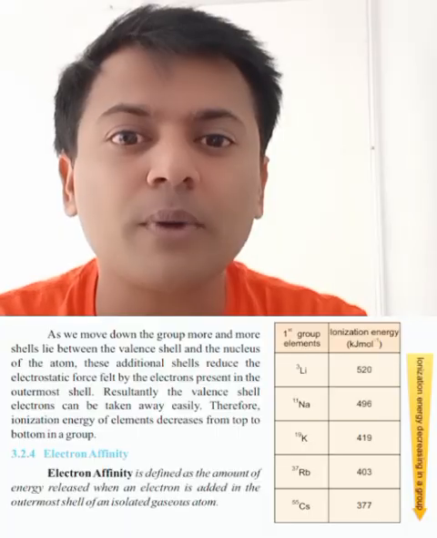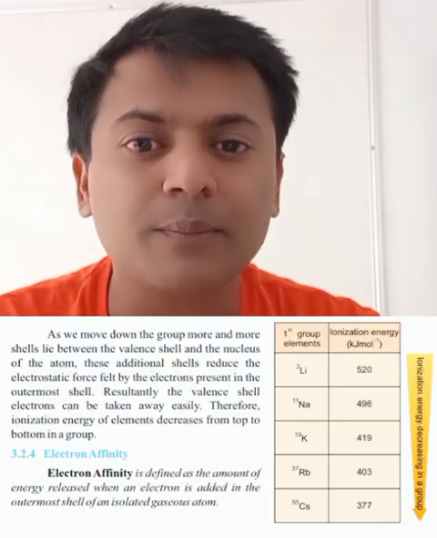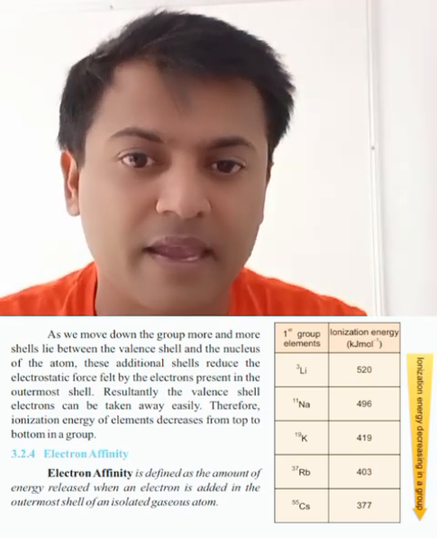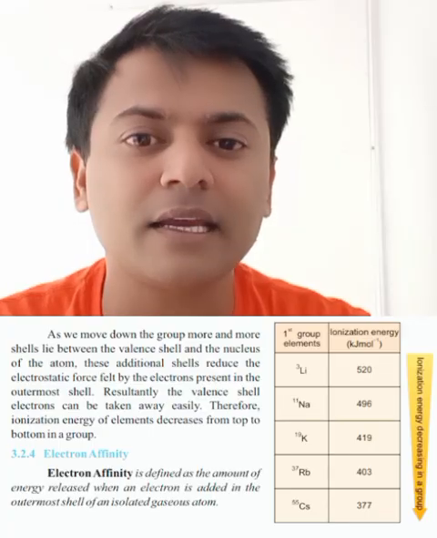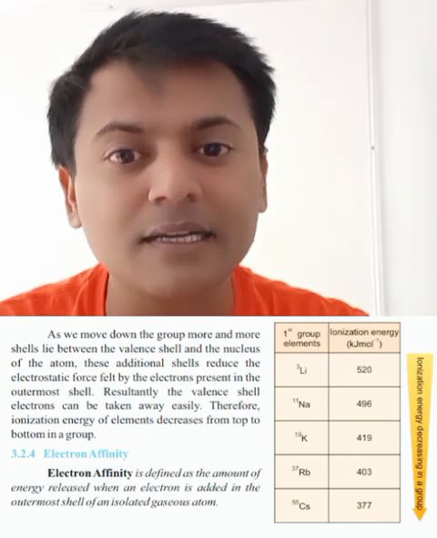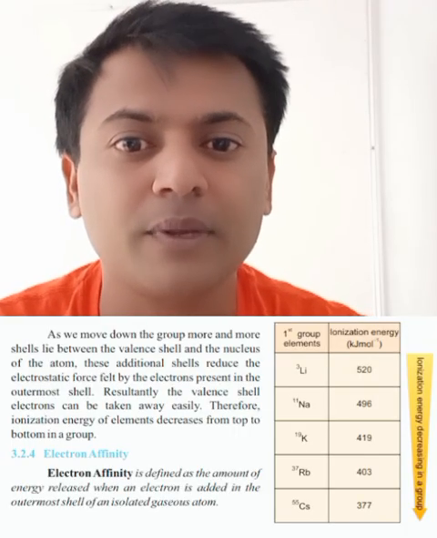If we talk about the trend in a group, the energy will be decreasing from top to bottom in the group as the number of shells is increasing and the shielding effect is also increasing. When the shielding increases, less energy is required.